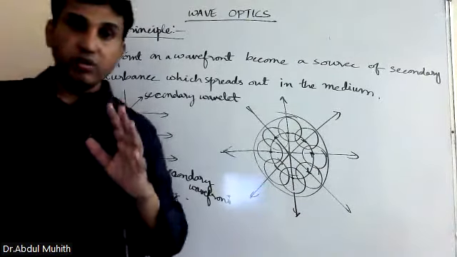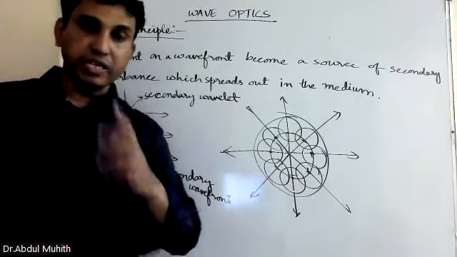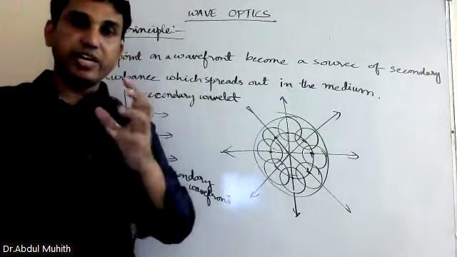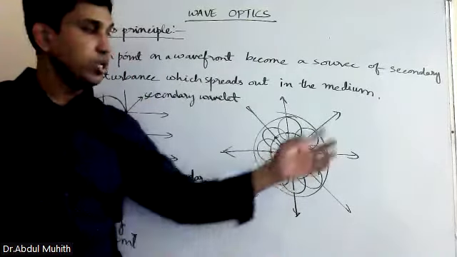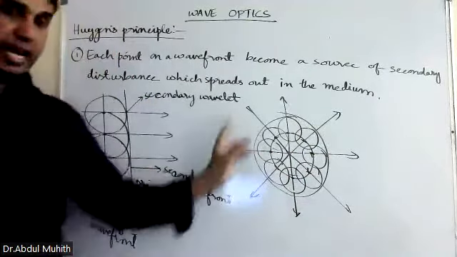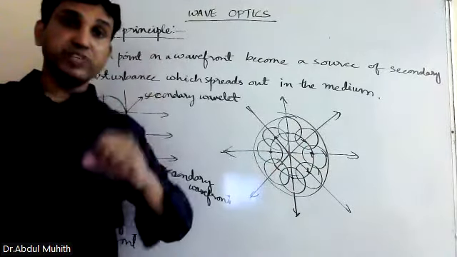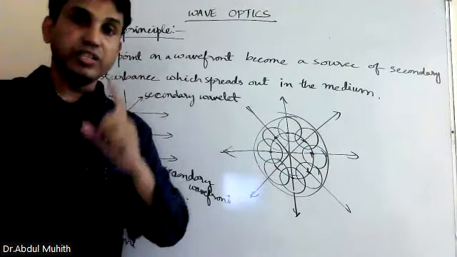Now when people asked Huygens, what should be the size of the sphere, sir? You're not explaining that. Every time you nicely explain the primary wavefront, draw the spheres and say envelopes, perfect. But what should be the radius of the sphere? Then he asked, at what time do you want the next wavefront? After how much time?